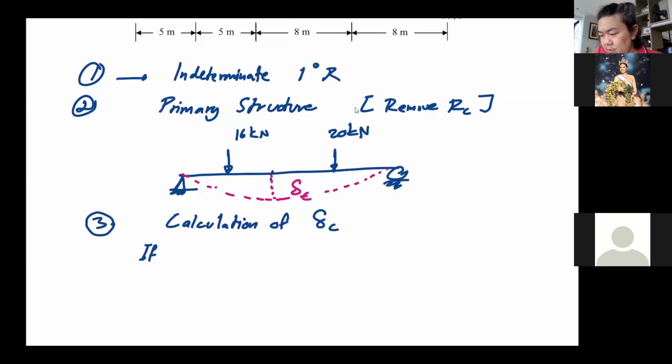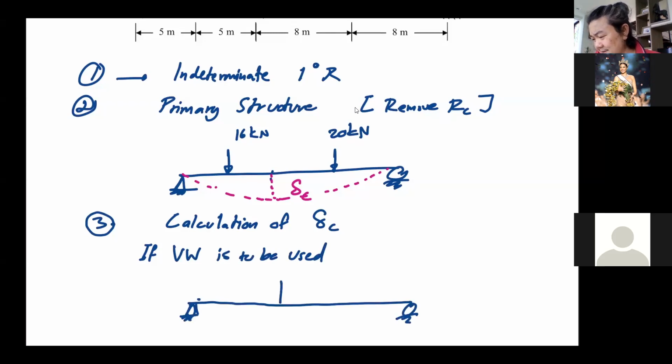So if the virtual work is to be used, you are going to have to apply the unit load right there at C, and calculate the displacement or write the moment equation here.